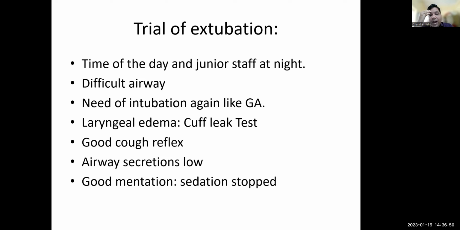Does this patient have a high risk for laryngeal edema? I'll talk about that. And if yes, you can go for a cuff leak test to decide that. Also, in all patients, please make sure that the patient has a good cough reflex, the airway secretions are low, and the patient has a good mentation once the sedation is stopped.